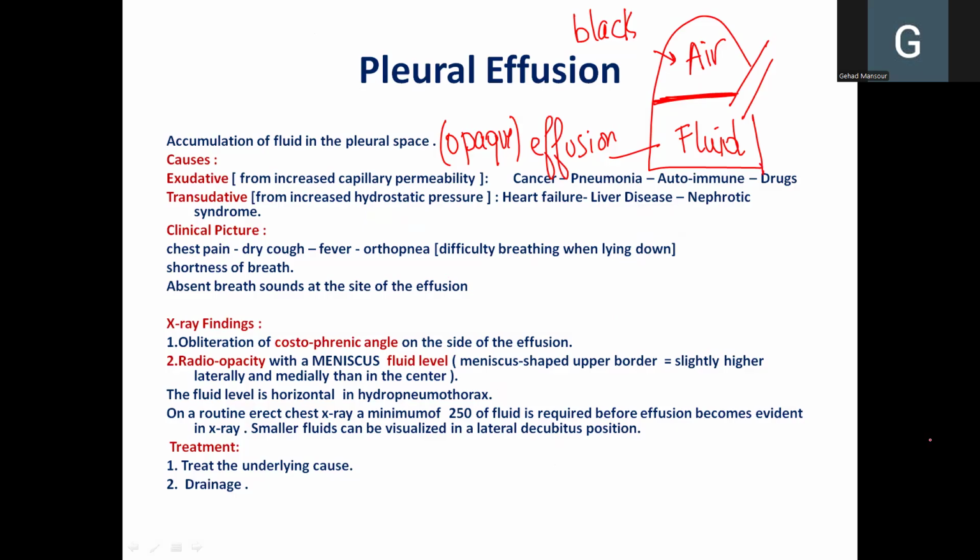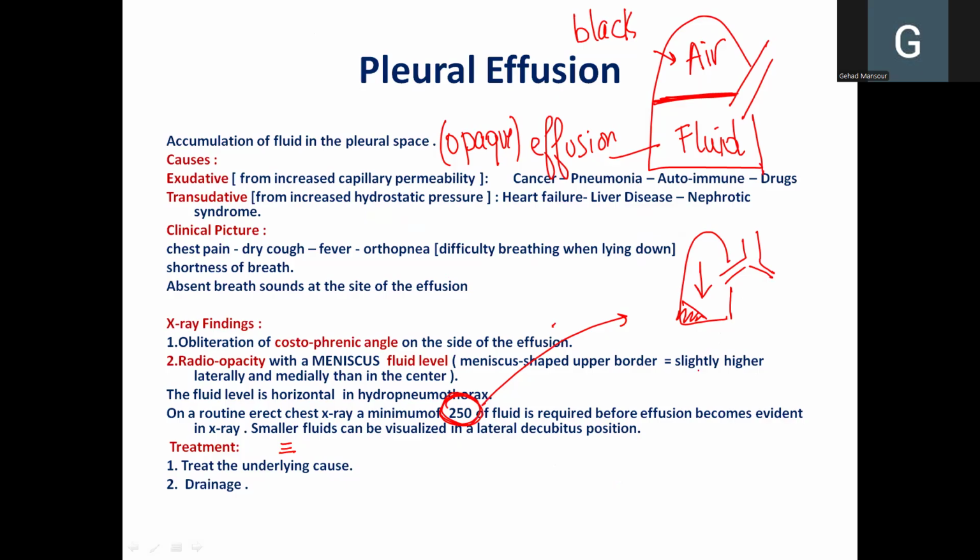In order for you to visualize the fluid, even in the costophrenic angle, the minimum amount of fluid that has accumulated in the pleural space should be 250 milliliters. This is the amount of fluid that is necessary for the pleural effusion to be visualized if the patient is in the erect position, because the fluid settles down by gravity.